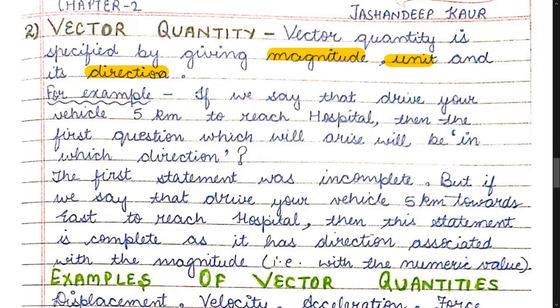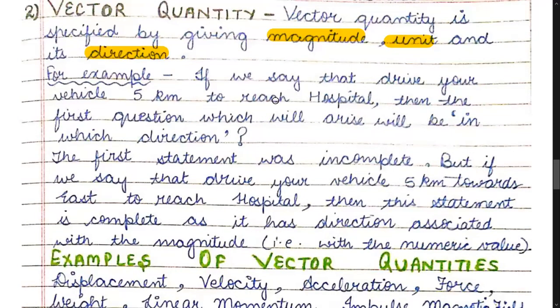Now, for example, if we say drive your vehicle 5 kilometers to reach the hospital, then the first question which will arise is, in which direction? I have just told you to drive 5 kilometers and you'll reach the hospital, but the next question will be, in which direction do you have to drive? So this first statement was an incomplete statement.